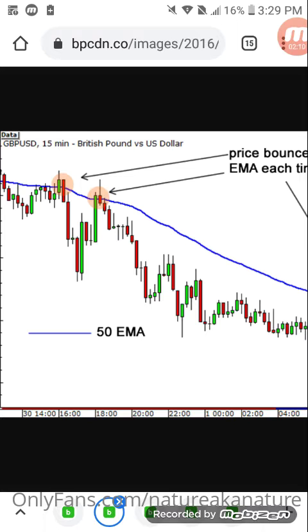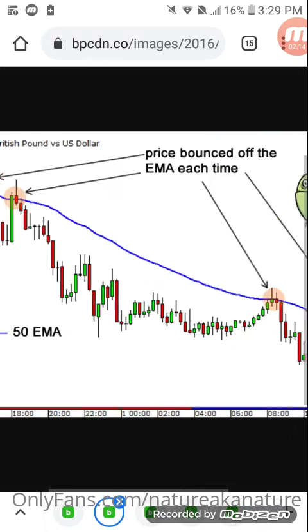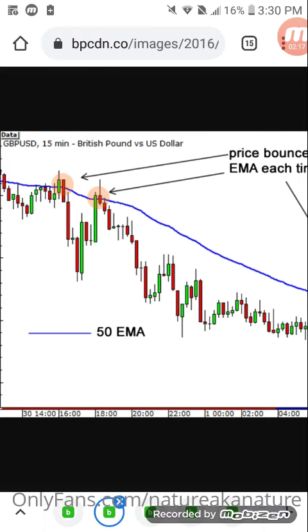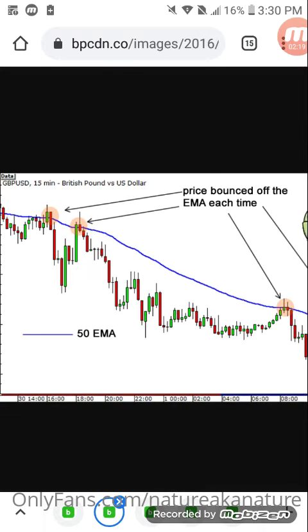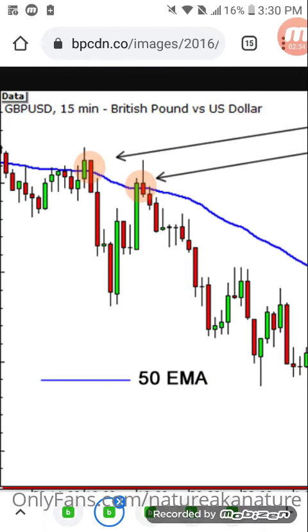This is a double top pattern. When it made the double top pattern, price bounced off the EMA twice before heading back down in a downtrend. Looking at this double top right here, for the double top to be valid, the second candle must be slightly lower than the first candle.